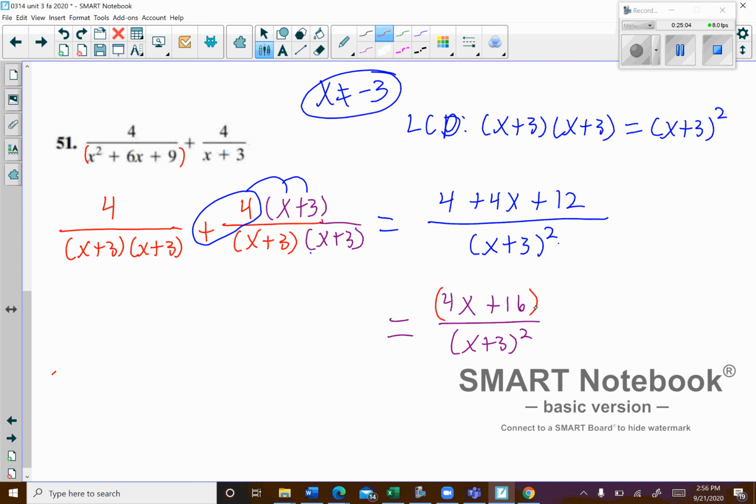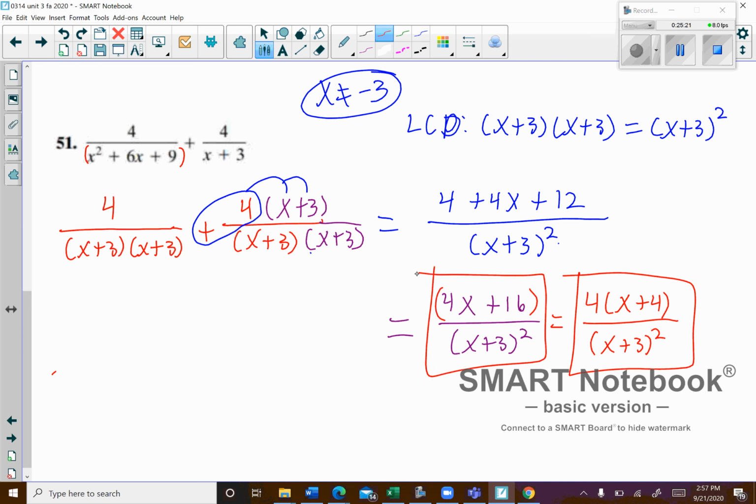It actually won't make a difference in the long run. It's not going to allow us to simplify anything, but we might as well go ahead and do that just to be sure. So x plus 3 squared on bottom. There's my answer. And this one would have been correct too. That's fine. But like I said, I just like to be careful and check everything out to see if anything will cancel.